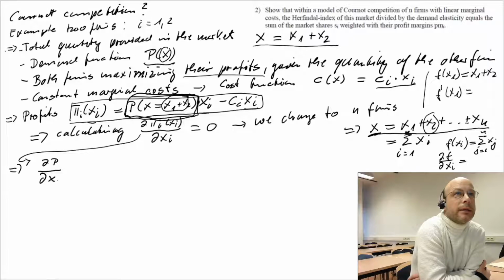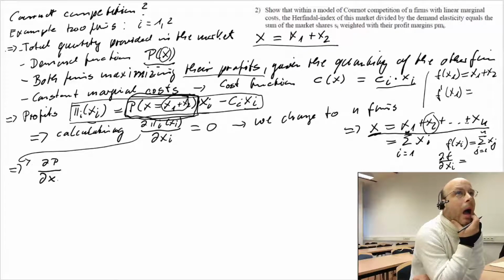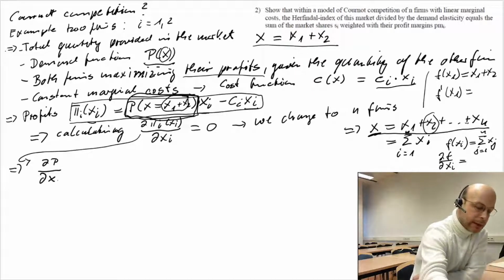Then you can take x2 as a constant, so you can think of a function f of x is x plus 3. Derivative with respect to x. Let's take f of x equals x plus 3.